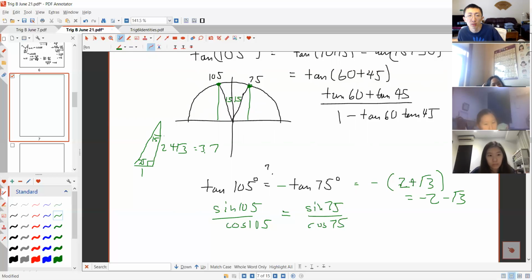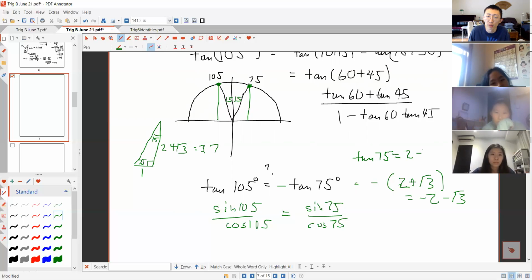Seems reasonable. If you somehow got tan 75 equals 2 minus √3, you would know something's wrong, because 2 minus √3 is like, what, 0.27 something? It's 2 minus 1.732.